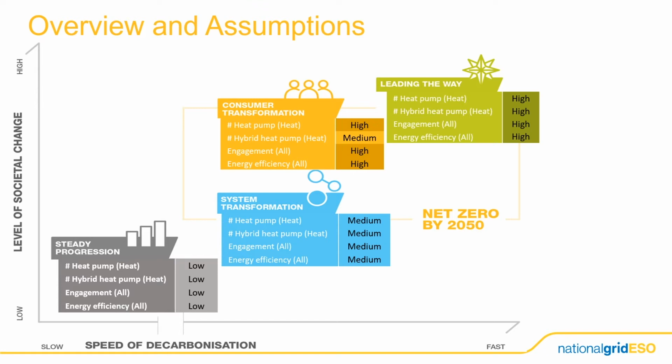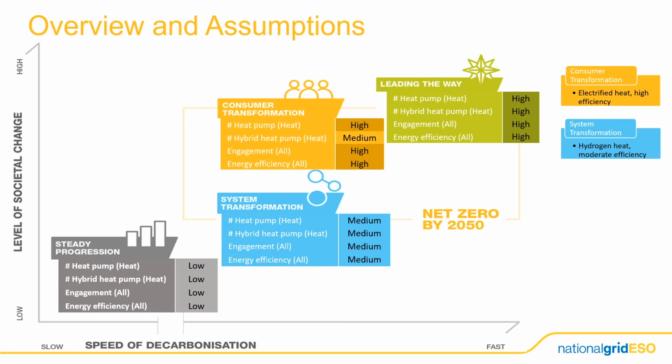To summarize once again what distinguishes the scenarios. In the consumer transformation scenario, most of it is electrified, and both building and appliance efficiencies are high. In the system transformation scenario, the decarbonization of heat is done using hydrogen, and the scenario has lower levels of efficiencies.